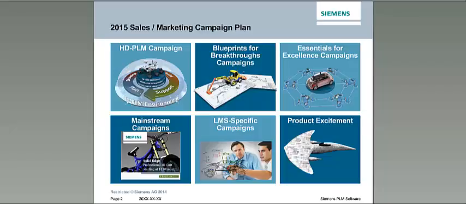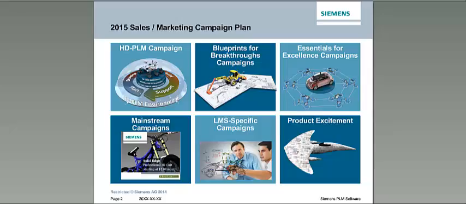So what we did for 2015, and that is pretty much the same as we had for 2014 from a sales and marketing campaign plan, is that we have 6 areas where we offer campaigns.